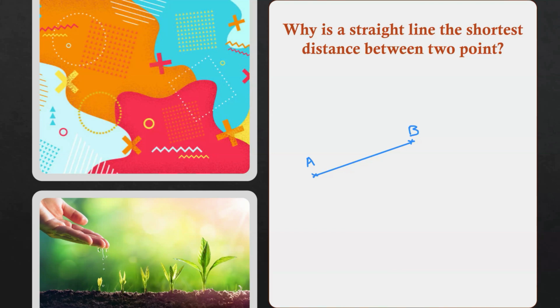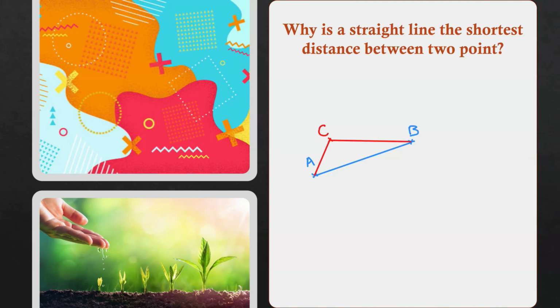Next, I'm going to introduce a point C. Then I draw from A to C, and I draw from C to B.